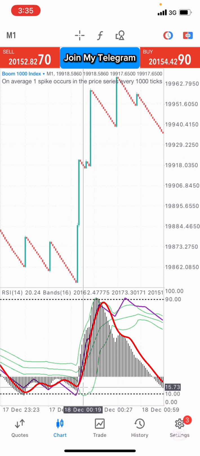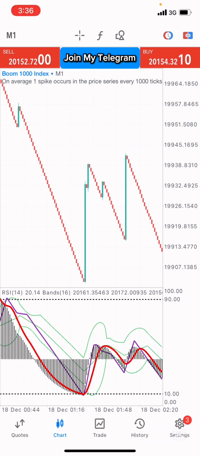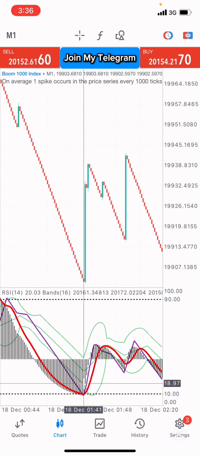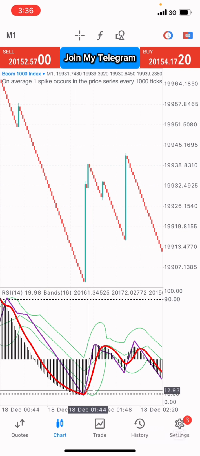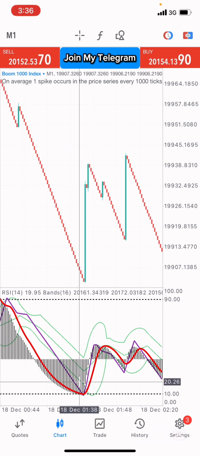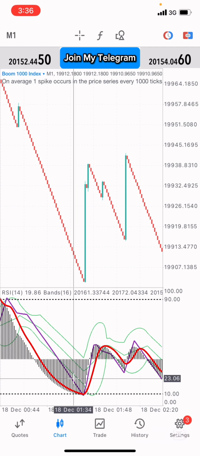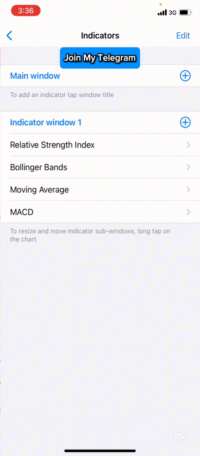Whenever the third line of the Bollinger Bands crosses below the moving average, and the MACD line, this red line, is below the level of 10, you enter the market for a sell for 5 candlesticks. Perfect strategy.